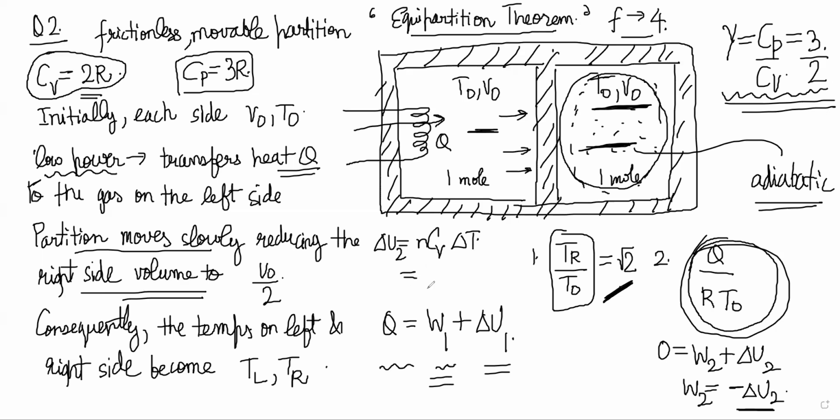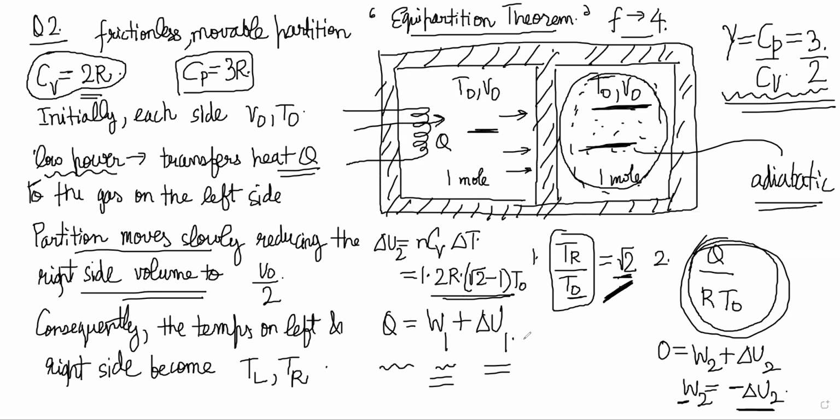n is 1, CV is 2R, delta T is final temperature minus initial temperature. But we know final temperature is root 2 times initial temperature. So it will be root 2 minus 1 T naught, right? Delta U2 is coming as this. Minus delta U2 will be work done by gas 2, right?